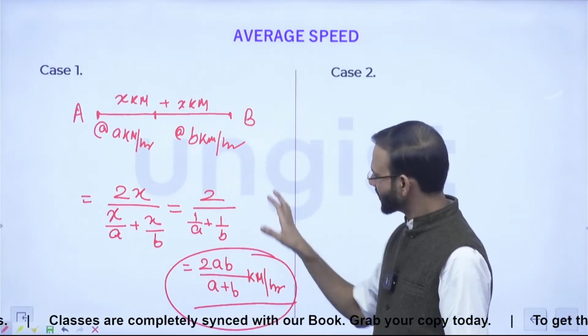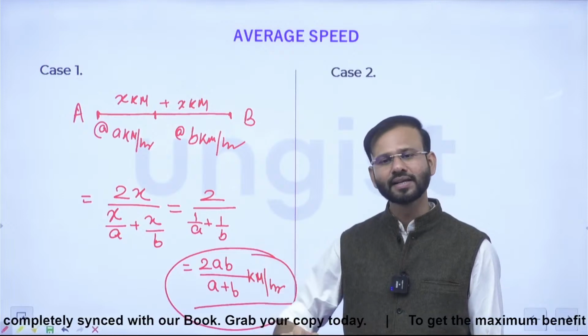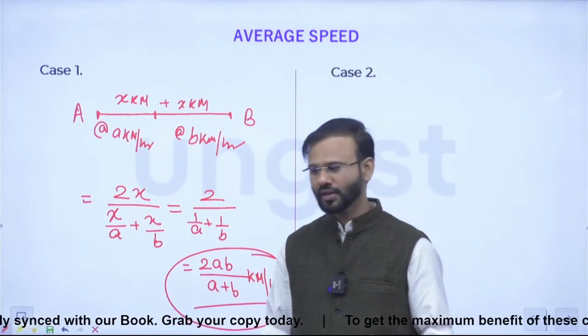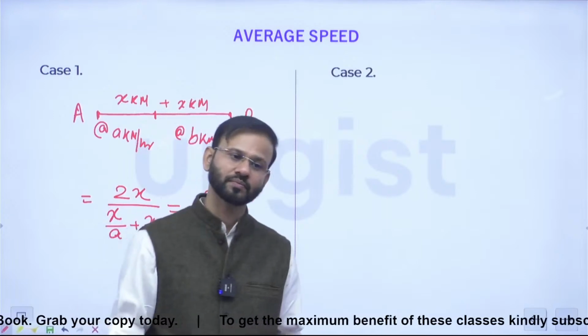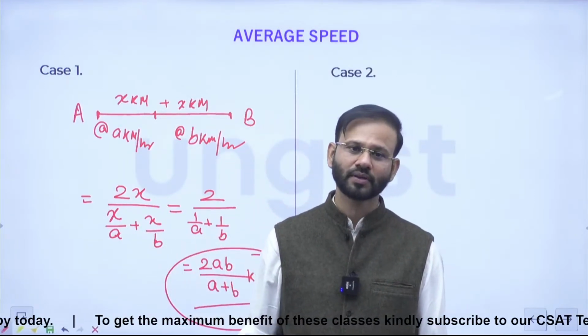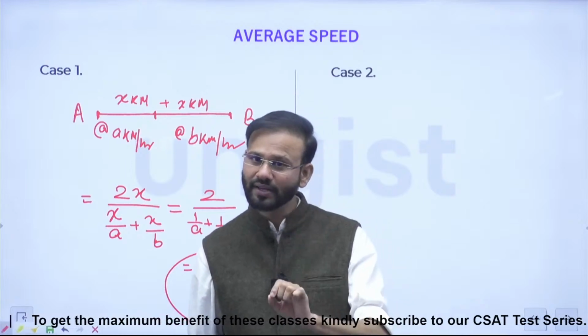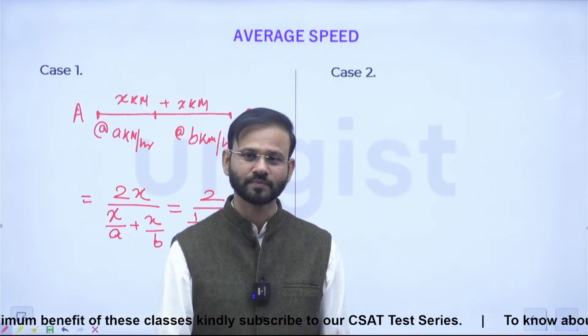This formula is free from x, and x is the distance. So even if the total distance is not known to you, you can find the average speed. Getting it everyone? That's why in the last question I ignored 1 kilometer.